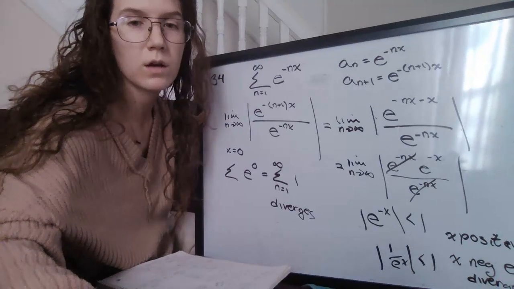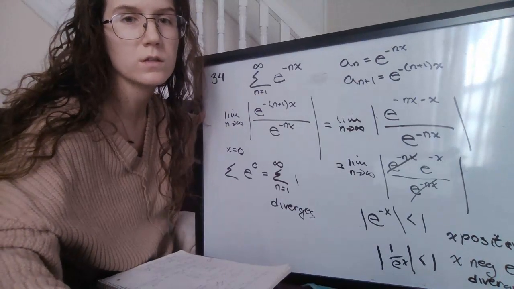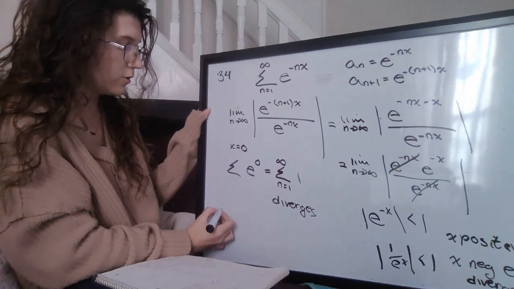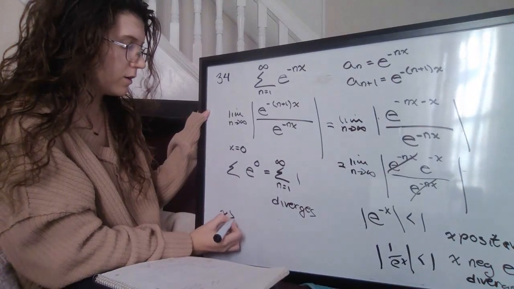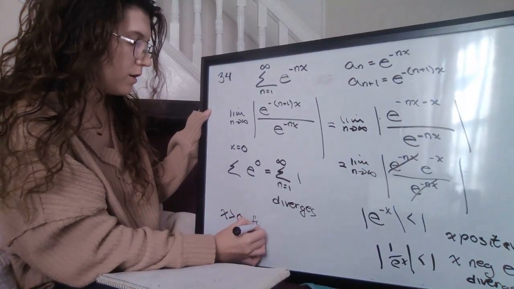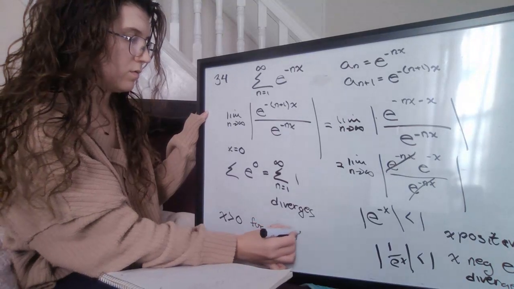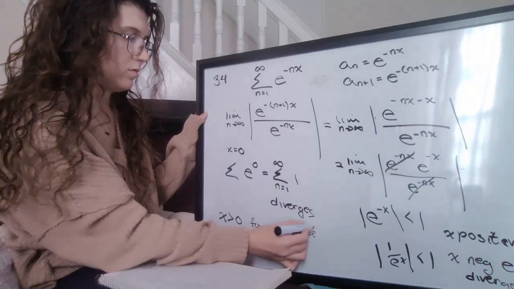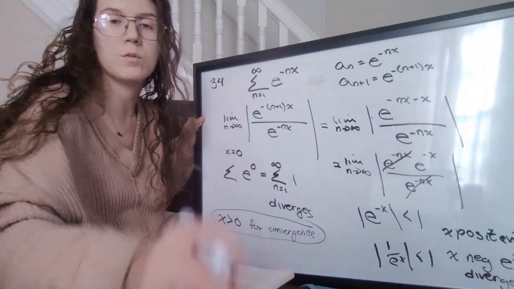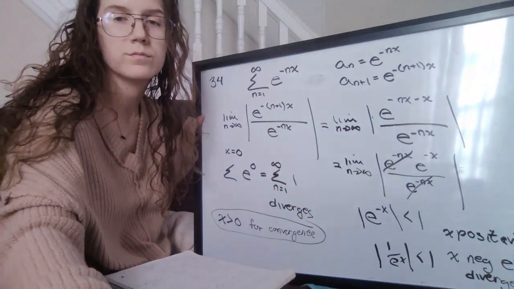What is the actual question that she asked? For what values of x does it converge? So x needs to be greater than 0 for convergence. That would be our final answer.